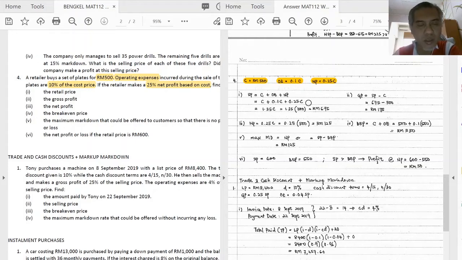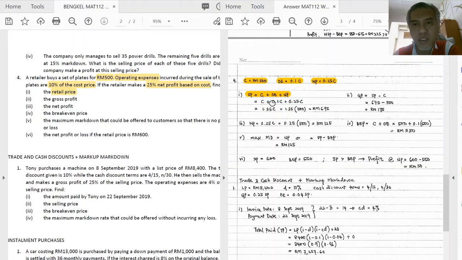Okay. So the first part of the question asks you to find the retail price, or simply finding the selling price. By the general formula of the selling price it is known that SP is equal to C plus OE plus NP. So this is by replacing the markup with the operating expenses plus the net profit. So substituting the correct value into the formula, you replace C with C, OE can be written as 0.1C and NP can be written as 0.25C.